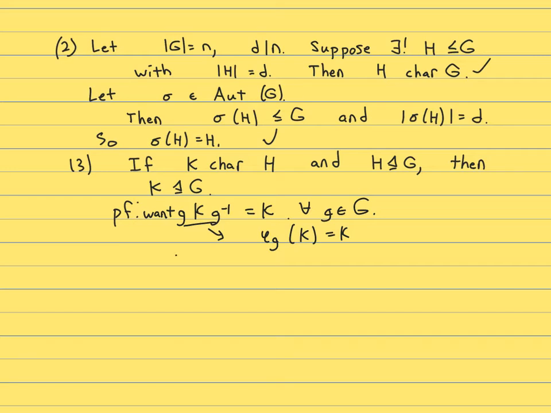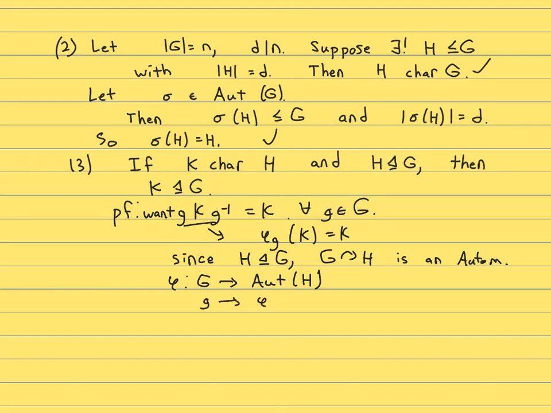Well, since H is normal in G, conjugation is an automorphism. In particular, we have already established that we have this homomorphism from G into the automorphism group of H, where phi of g is exactly this conjugation operation.